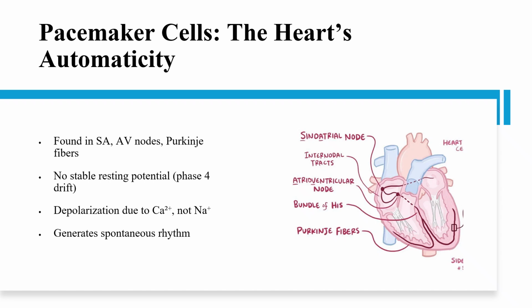Then during phase 3 repolarization, potassium channels open, allowing potassium to leave the cell, bringing the potential back down so the cycle can restart. This continuous cycle, depolarize, repolarize, drift, repeat, is what makes the heartbeat automatically around 60 to 100 times per minute at rest.